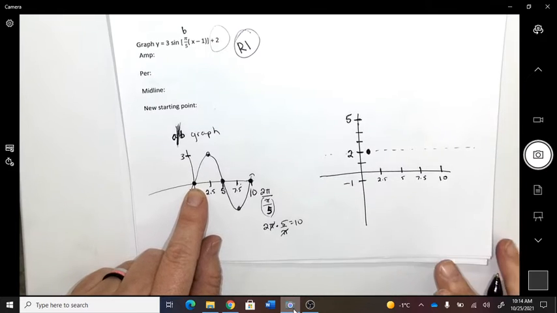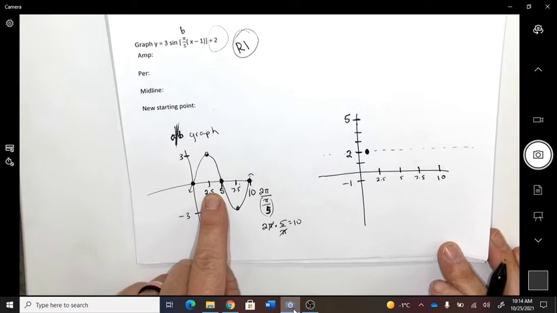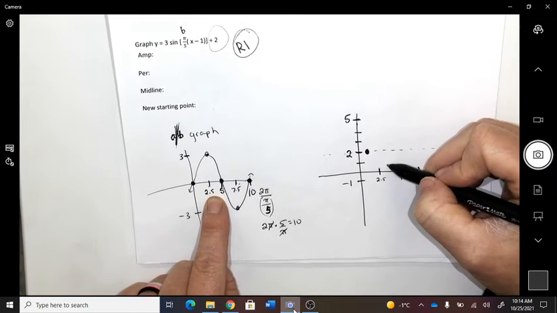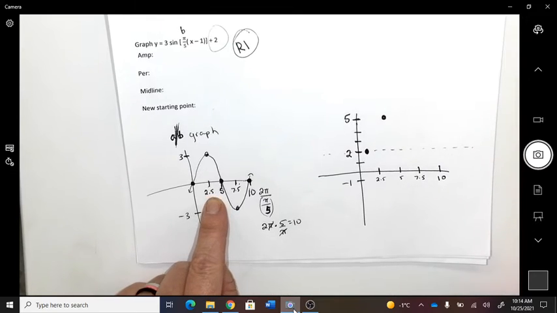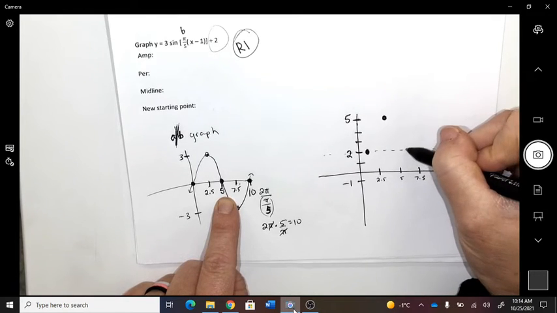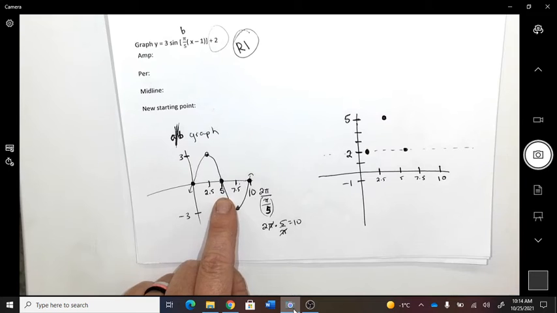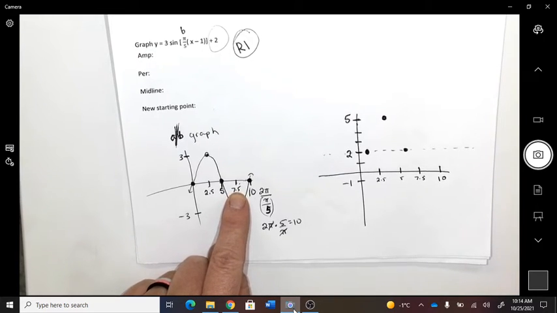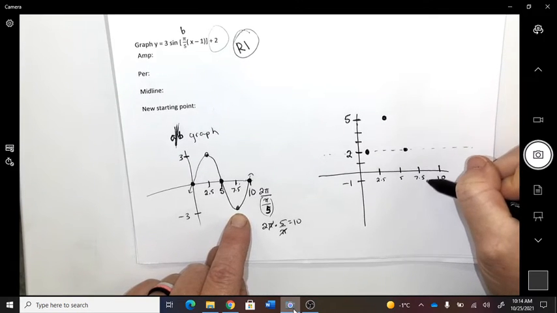So see how I'm in between ticks here? I'm at a top at 3.5. At 6, I'm back to a middle. I'm adding 1 to these x values. At 8.5, I'm at a bottom.